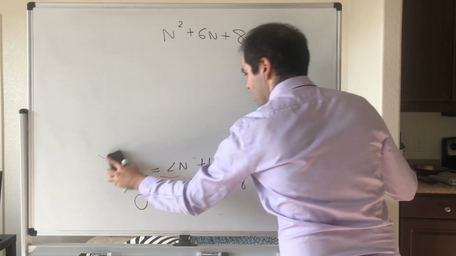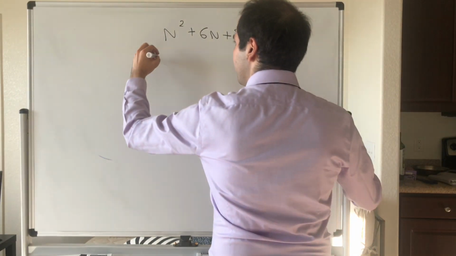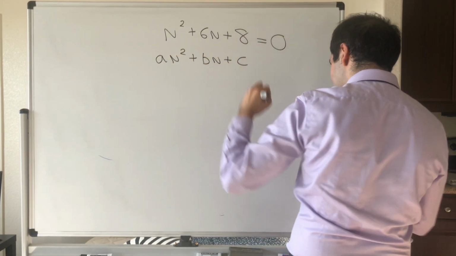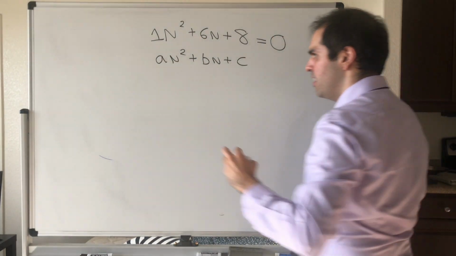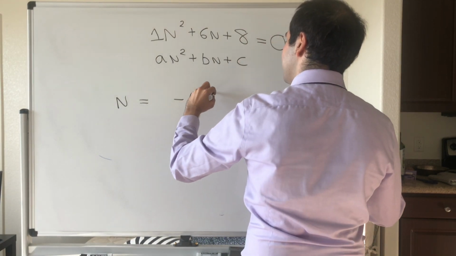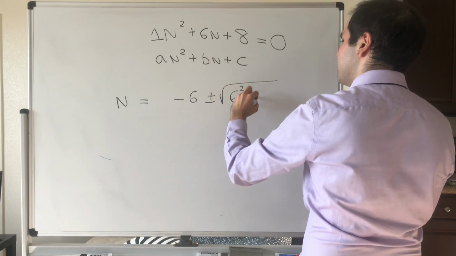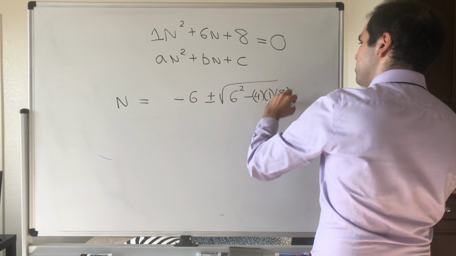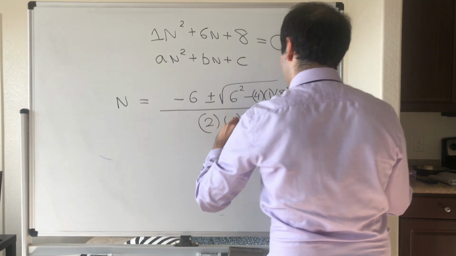Let's see what we get. Again, this is of the form an squared plus bn plus c, where a is 1, b is 6, and c is 8. That tells you n equals minus b, so minus 6, plus or minus the square root of b squared, so 6 squared, minus 4ac, so 4 times 1 times 8, over 2 times a, so 2 times 1.